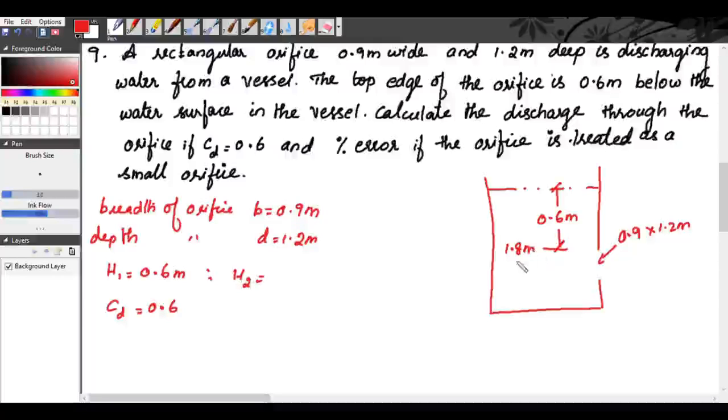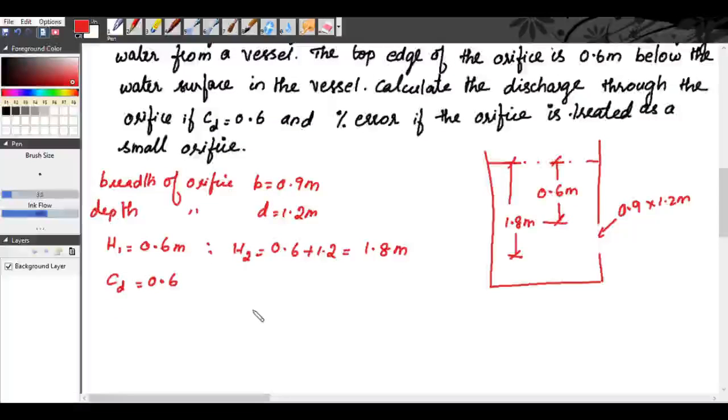So H2 is the distance from the free surface of water to the bottom of the orifice. So 0.6 plus 1.2, we get 1.8 meter. Now you see the head of liquid in the vessel divided by the depth of the orifice.